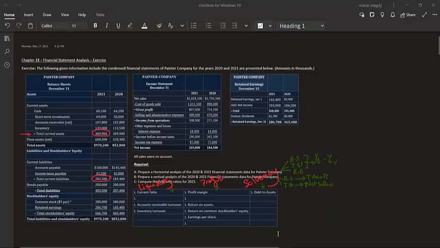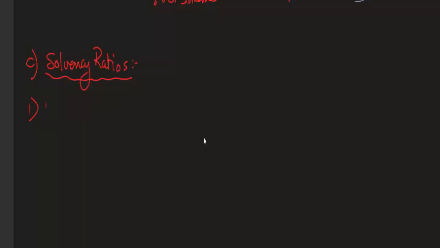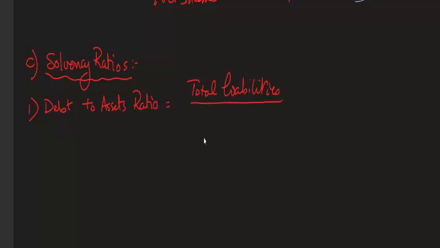عايزين نحسب هنا اللي هو debt to assets. Number C هنحسب solvency ratios. Number 1 debt to assets ratio equals total liabilities divided by total assets.